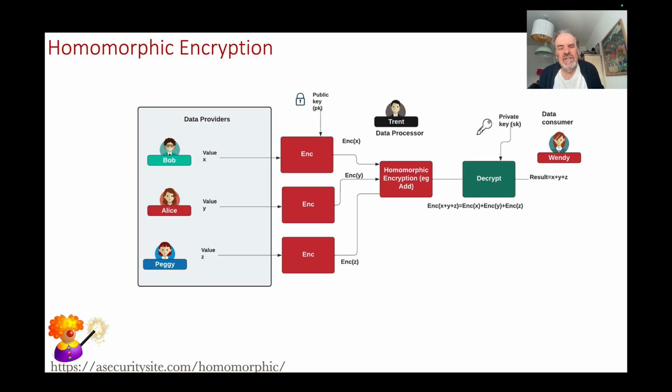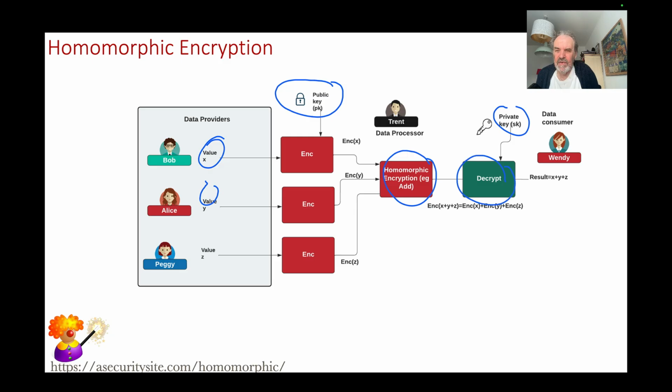Asymmetric is typically used because it's easier to keep the private key secret. In this case, we take the public key, encrypt the values, and give them to the data processor. The data processor can then process these values but not reveal the original values. And then we can decrypt with the private key.